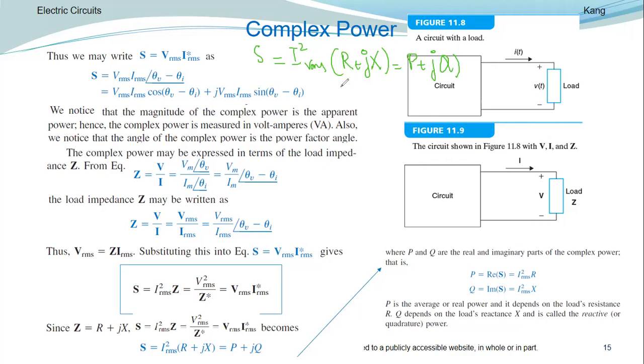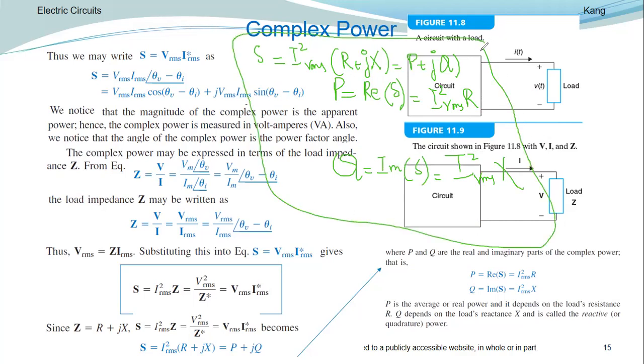So P will be written as the real part of S, which is basically I square root mean square into R, and second is my Q value, which is the imaginary part of S, which will be equal to I square root mean square with the value of X. So P is the average, or generally known as real power, and it depends mainly on the load resistance.